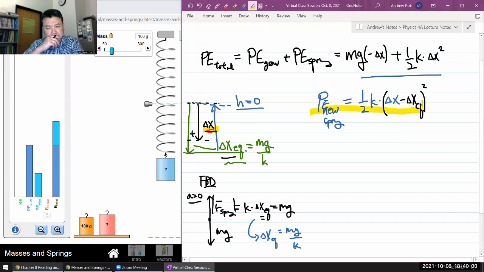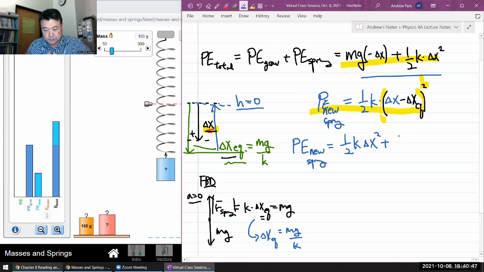Let's double check that. This is some parenthesis thing squared. So let me expand this out, compare the expression I get against this original total potential energy, and see if there are any adjustments I need to make. My new spring potential energy, let me call that U new spring, is equal to 1/2 k, and as I do this square, I'm going to have delta x squared, plus I'm going to have minus delta x equilibrium squared.